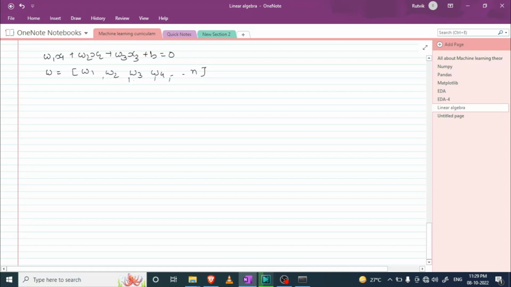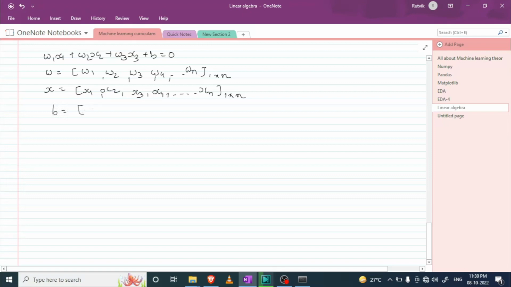In this matrix we have values like w1, w2, w3, w4 up to wn. So basically it's a row vector. In another row vector we have values like x1, x2, x3, x4 up to xn, which contain all the variables which represent the dimensions. Now we have a bias.